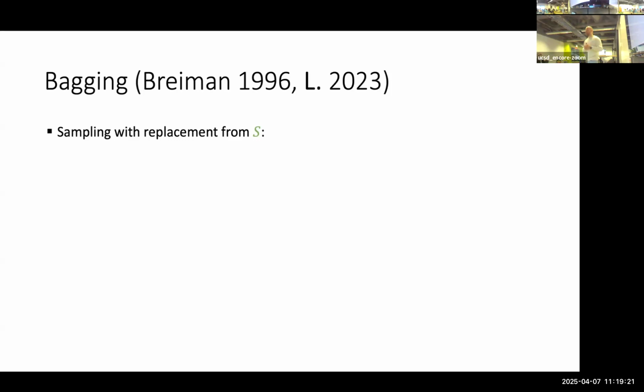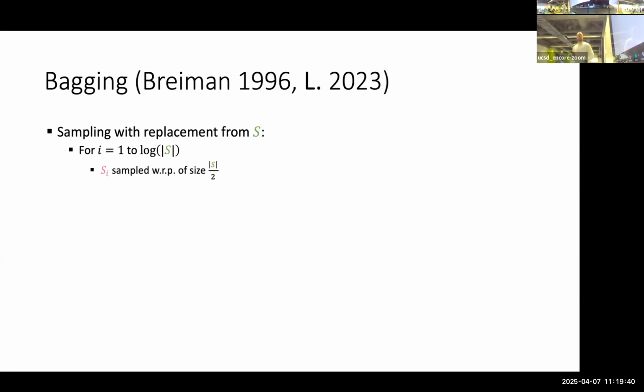But what is this bagging doing? Bagging is a heuristic where, when you have a training data set S, you sample from it with replacement a number of times. The original bagging procedure doesn't say how many times, you just do some number of these subsamples until you're satisfied. My twist to it is that we're going to do it a logarithmic number of times.